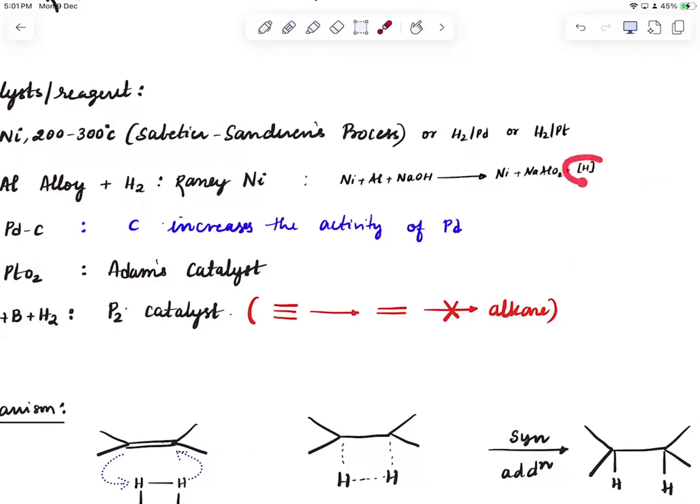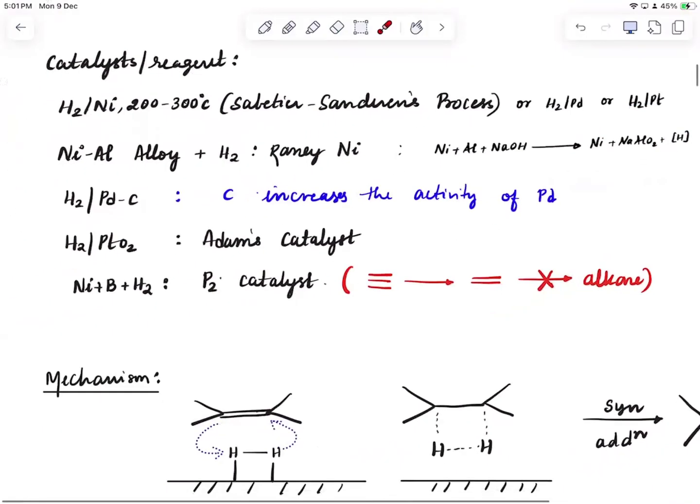So it is a source of nascent hydrogens, and these nascent hydrogens get accumulated on the surface of nickel. That type of highly reactive nickel is called Raney nickel. This is called Raney nickel.